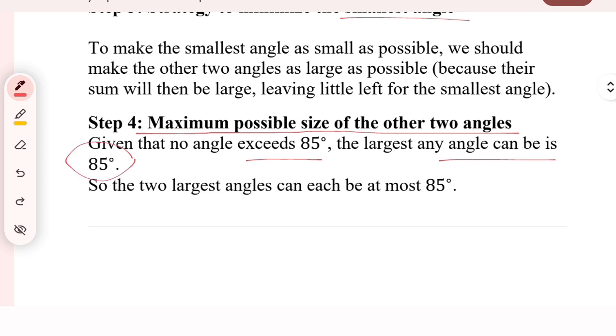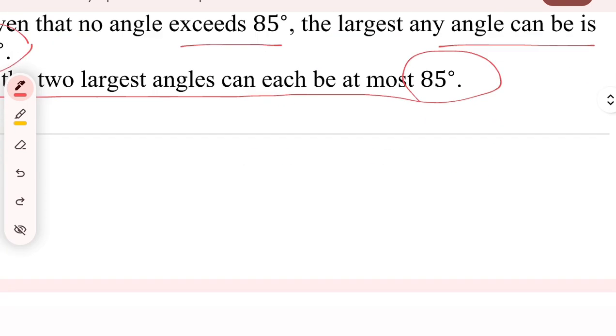So what if the two angles have 85 degrees each? We will maximize the two angles. One angle has the maximum possible angle, which is 85, and the other angle could also have the maximum possible angle, which is 85 degrees. So both angles could have 85 degrees.